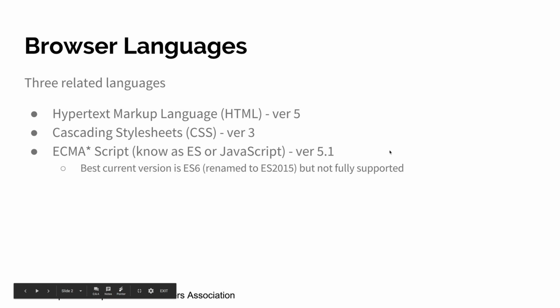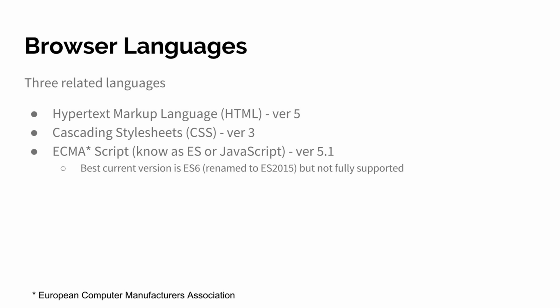The version we're going to be working with, and that's supported in most browsers, is version 5.1. However, the latest version is in fact further along with that. It's version 6, ES6, but once they went to that, they decided to start naming them by the years that they were ratified or adopted. And so it's actually called ES 2015 nowadays.